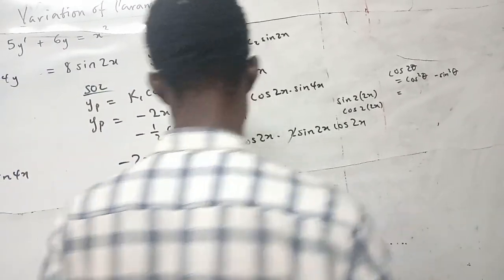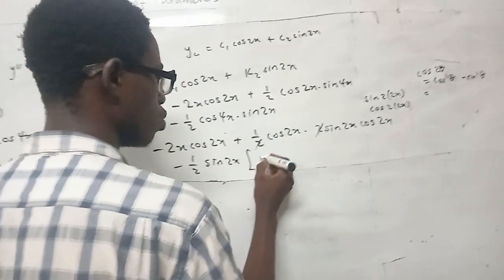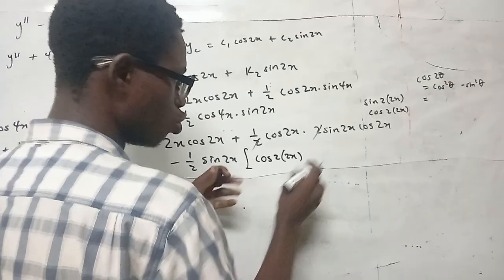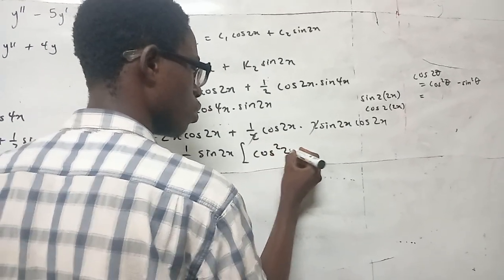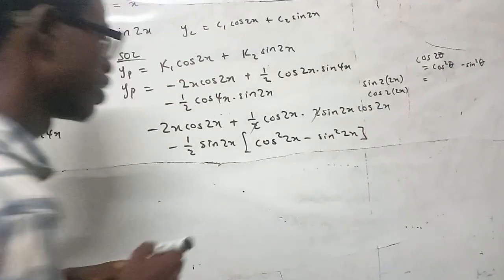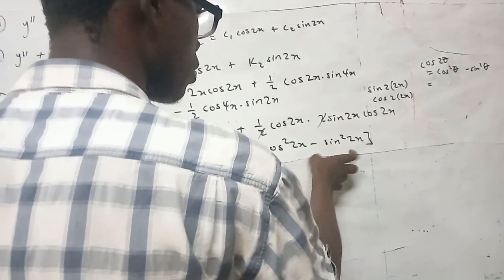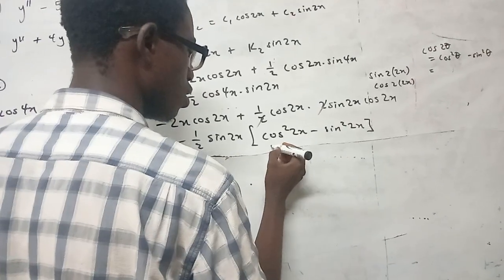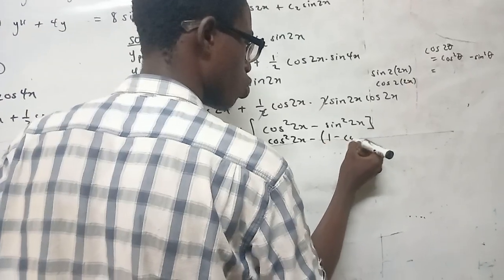So this cos 2 into bracket 2x, I can write it as cos square 2x minus sine squared 2x. Let me write it in terms of cos squared 2x. So this one, I can write it as cos squared 2x minus, this is 1 minus cos squared 2x.